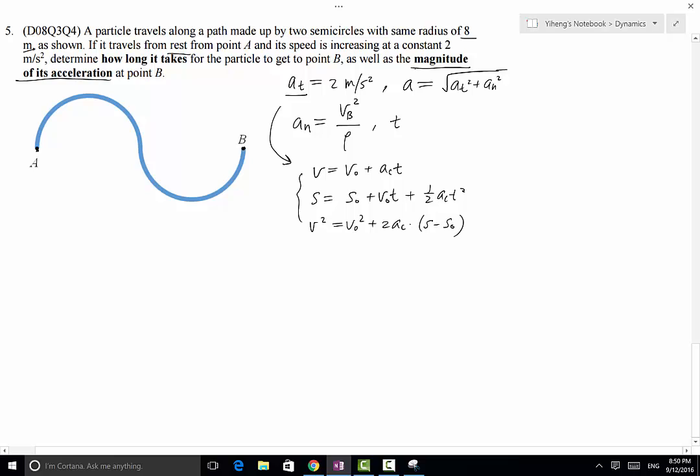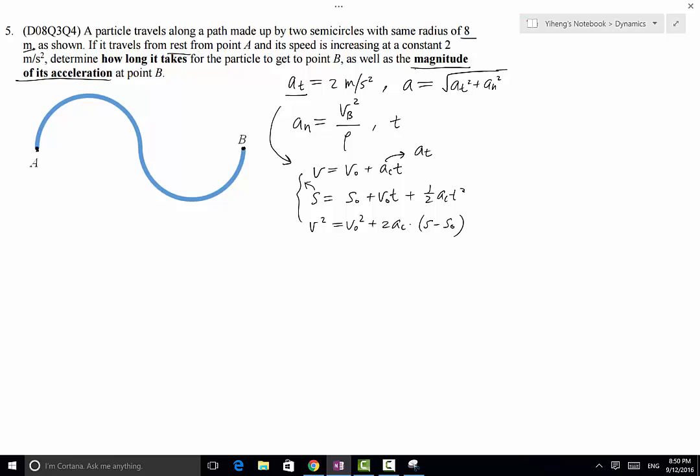We are very familiar with these three equations, and we can apply them to curvilinear motion with constant tangential acceleration. So this AC right here is our AT, and this S right here is the distance along the curved path.